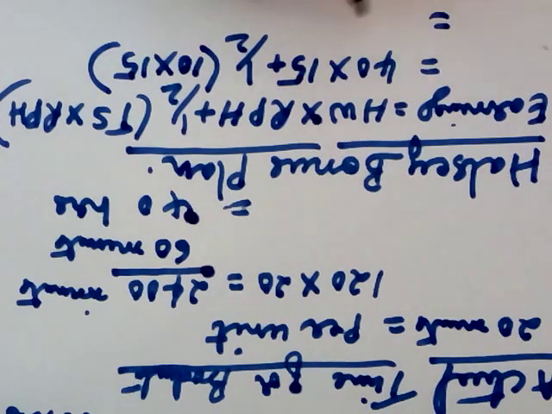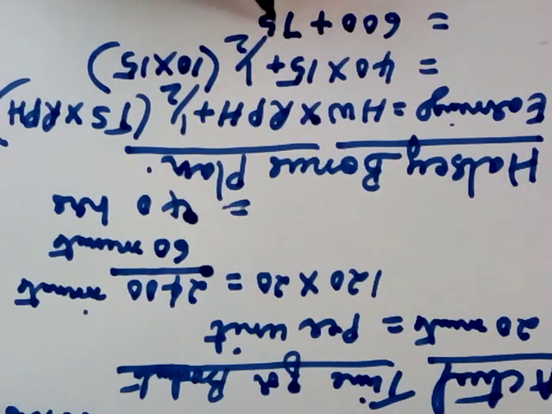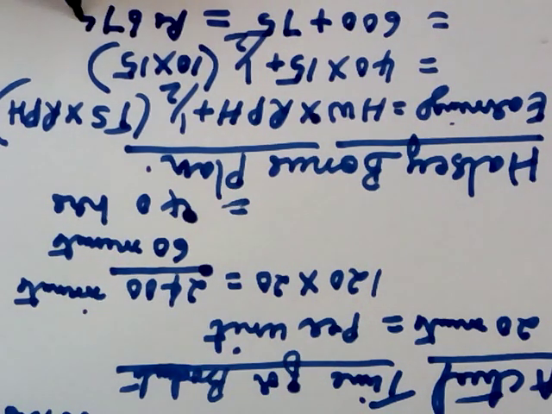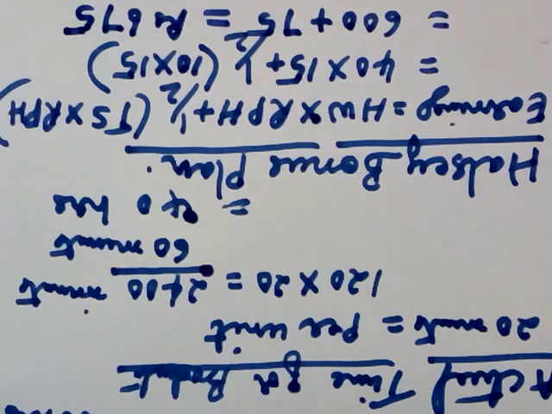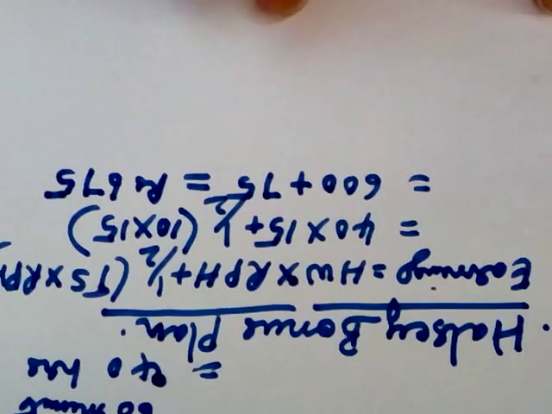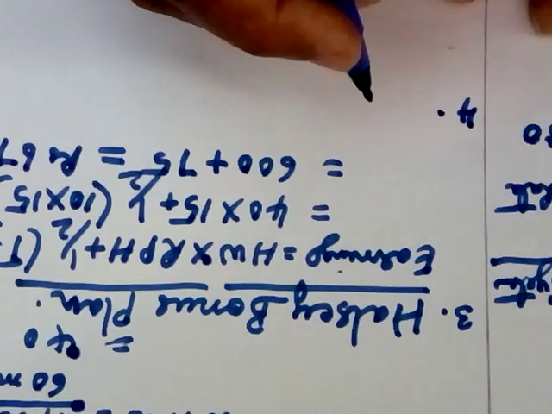This comes to 600 plus 75 equals rupees 675, the earnings of a worker under the Halsey bonus plan. Next is earnings under Rowan's premium plan.